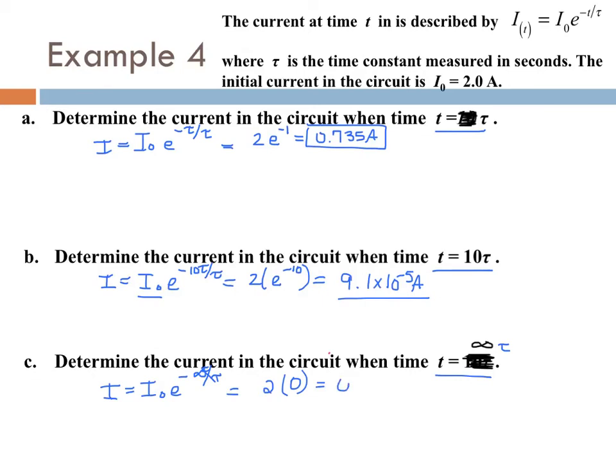So our current will just be equal to 0. And you can try putting those numbers into the calculator. As a multiple of tau starts getting larger and larger, this entire piece starts getting smaller and smaller. So again, you can try putting those numbers in the calculator, and you can see that for yourself.